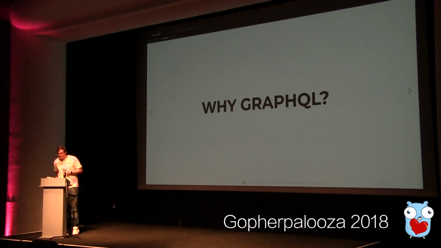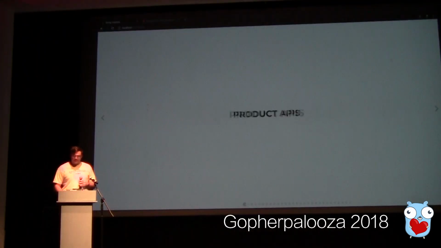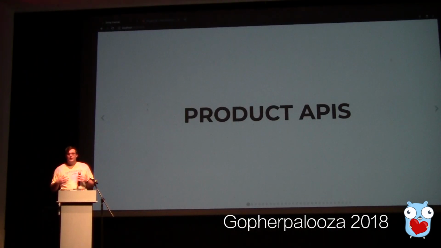So, why GraphQL, right? And I want to stress that it's GraphQL not to the exclusion of these other technologies completely. It's GraphQL as the main client-server interaction. So when we talk about why GraphQL, we sort of have to talk about when should you use GraphQL.